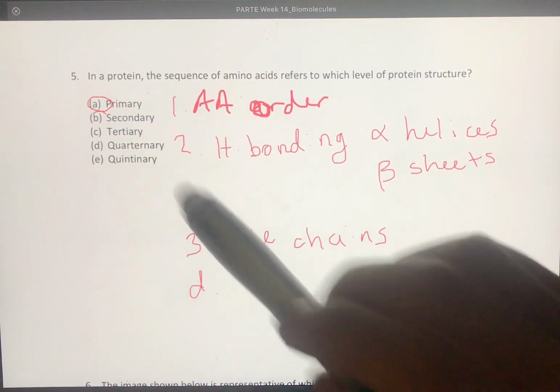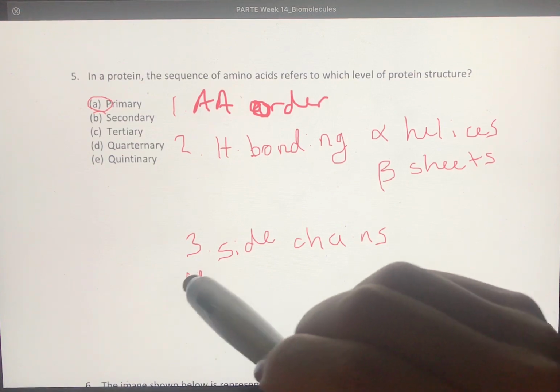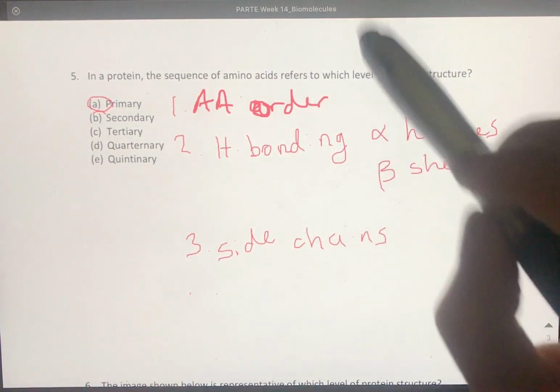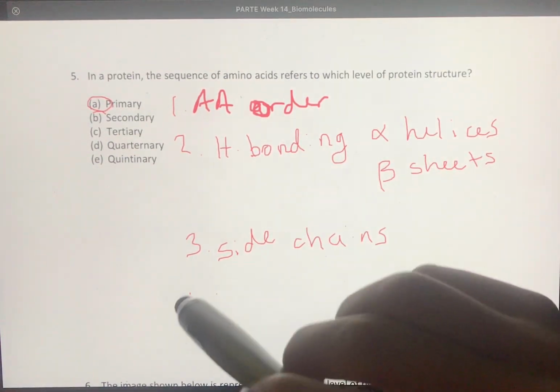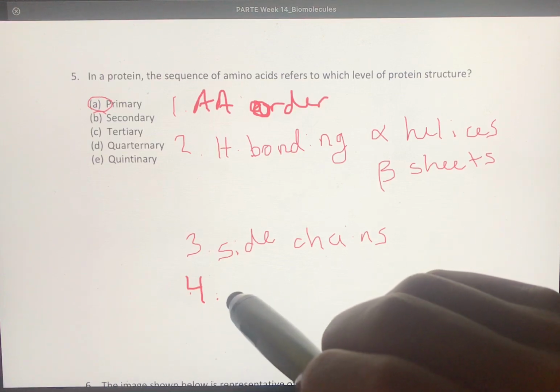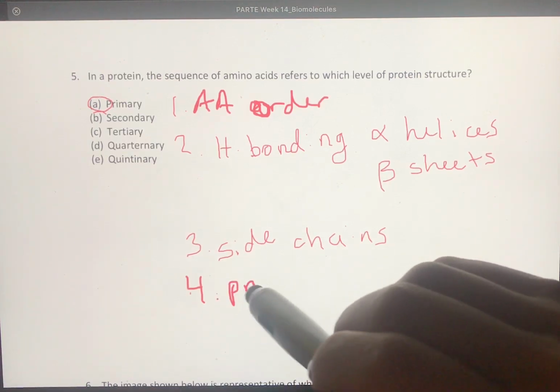And then, number 4, quaternary structure is not always observed, but it refers to protein-protein interactions.